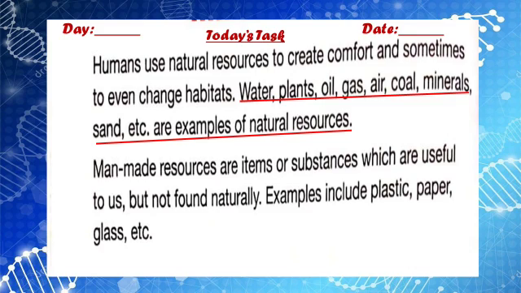Examples include plastic, paper, glass, etc. Underline this line. When humans use natural things to make something new that provides utility and value to our lives, it is called man-made resources. Man-made resources are mostly renewable.